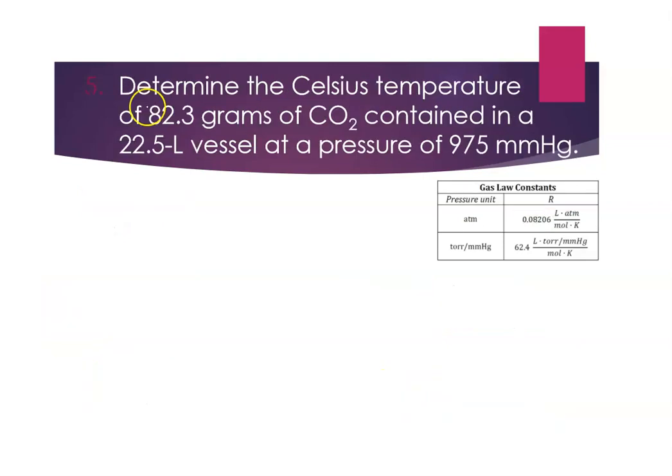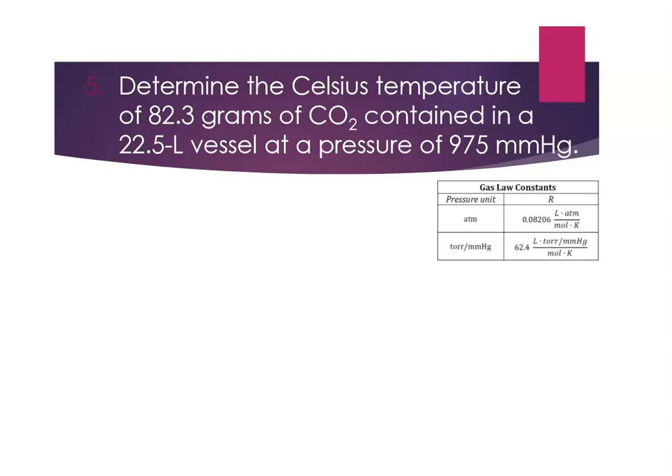Determine the Celsius temperature of 82.3 grams of CO2 contained in a 22.5 liter vessel at a pressure of 975 mmHg. Here there's no mention of molar mass or density, but we are given grams, and we've never seen grams before. Using process of elimination, V is volume, P is pressure, T is what we're finding, so this 82.3 has to be somehow related to moles.